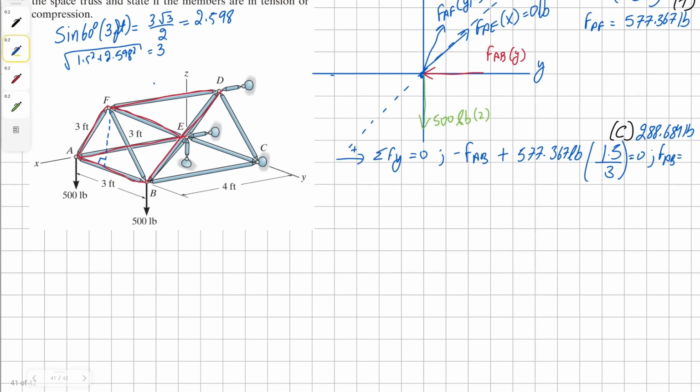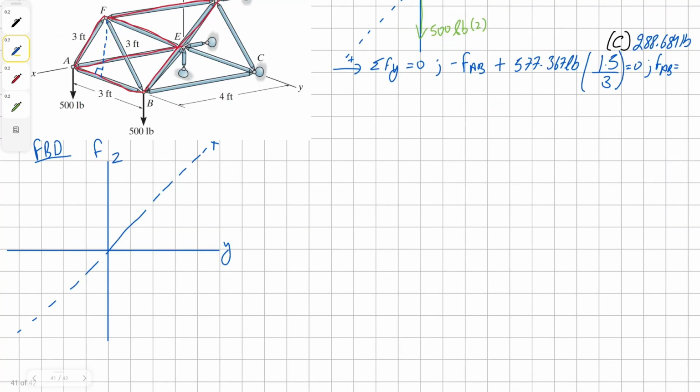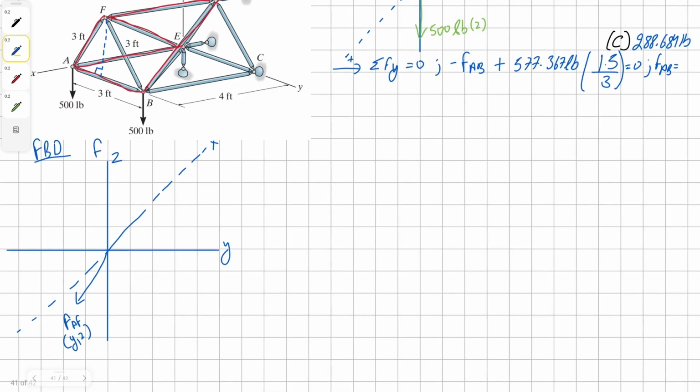Now we can draw the free body diagram of joint F. At joint F, we have our known force AF, and it's in tension, projecting along y and z. We found it to be 577.367 pounds.